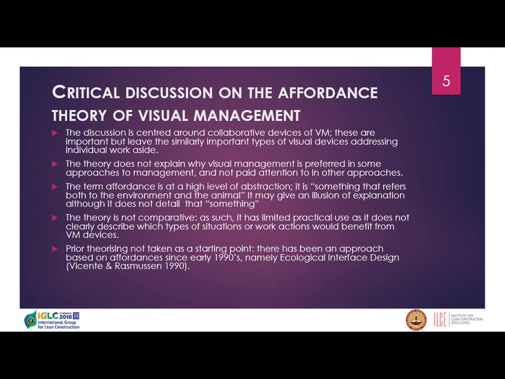That theory is not explaining why visual management is preferred in some approaches to management and not in others. This term affordance is at a high level of abstraction, at the same level as, say, technology. We should be using technology, but what exactly? It's very vague.